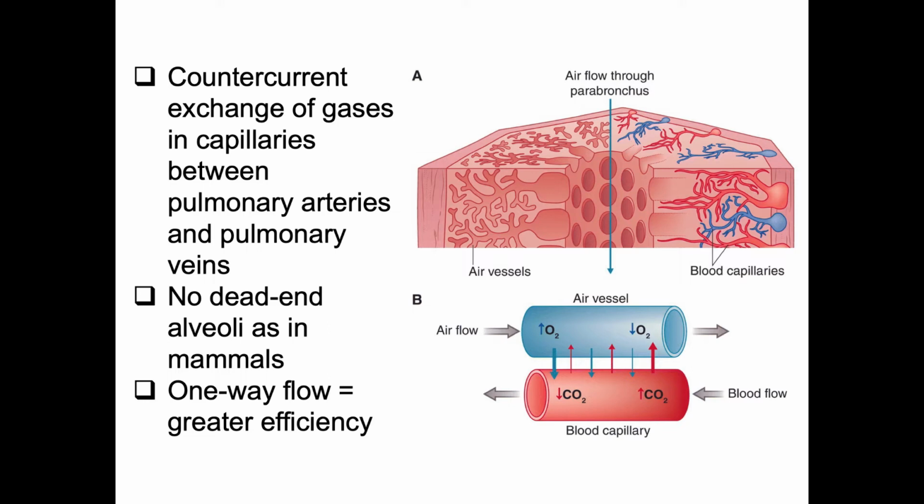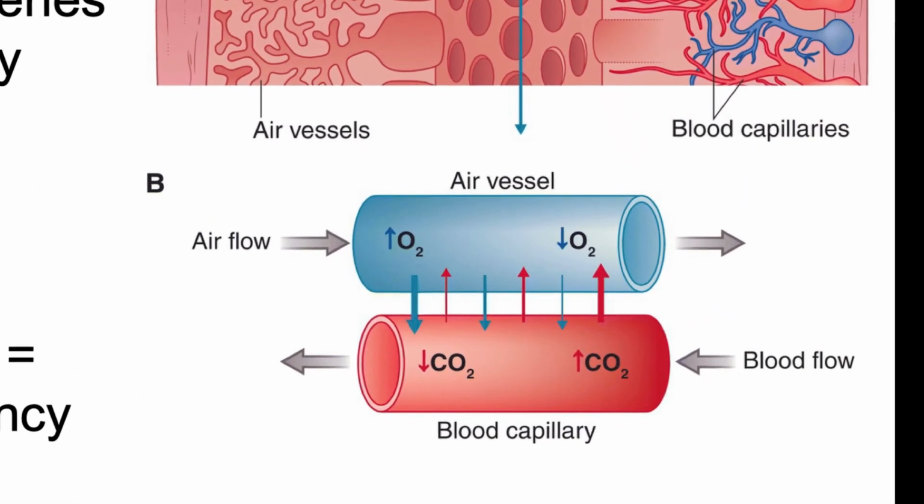Here we're talking about a situation of more efficient transfer of oxygen, such that as the airflow passes through these air vessels that are in the parabronchi, it is running counter to the blood flow in the arteries, so that there's more efficient exchange and an increase in oxygen going into the artery and an increase in concentrations of CO2 going back into the air vessel so it can be discharged from the body.